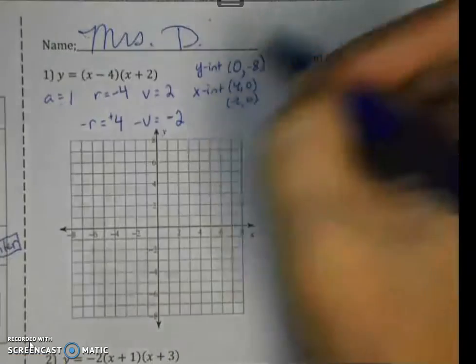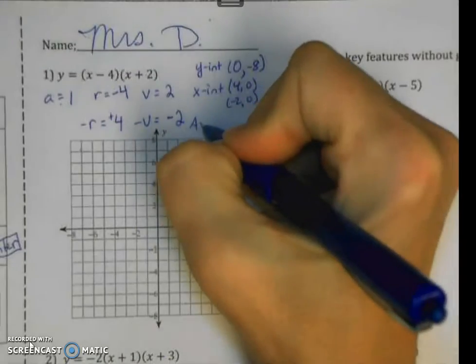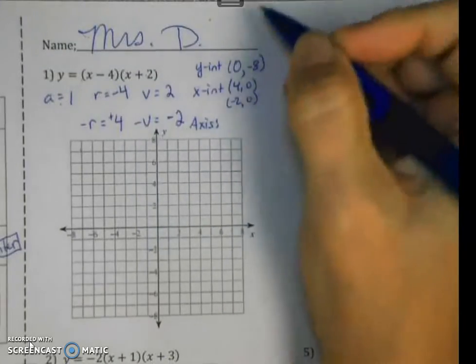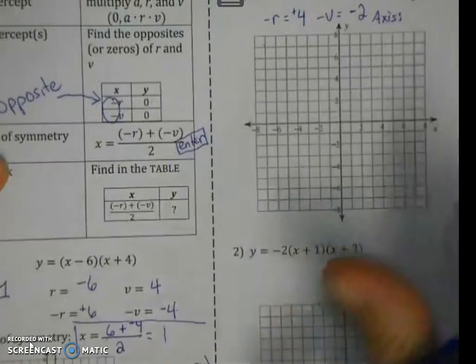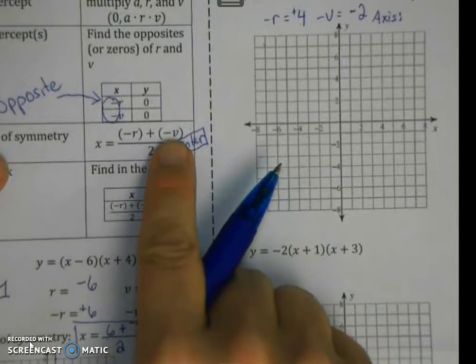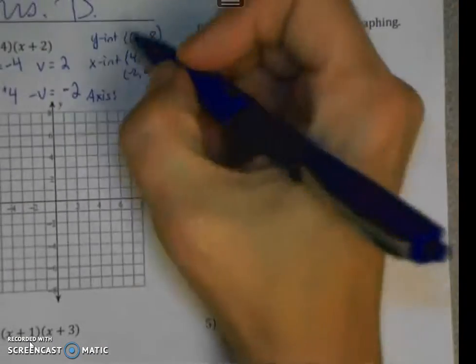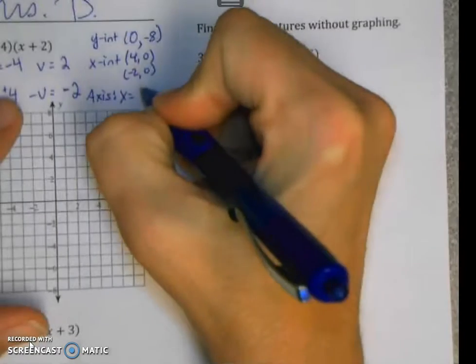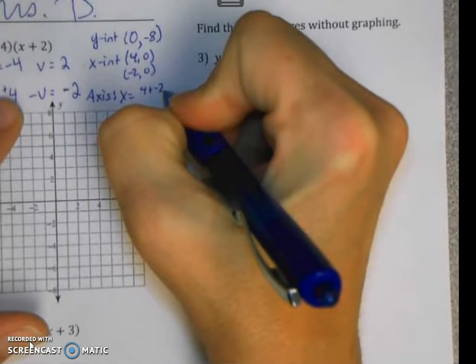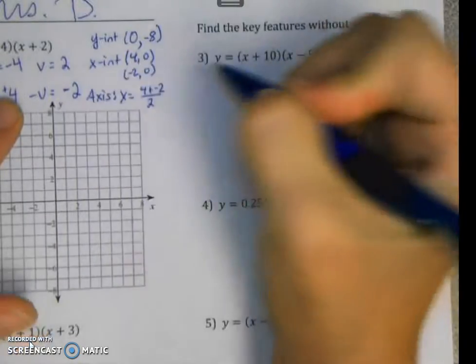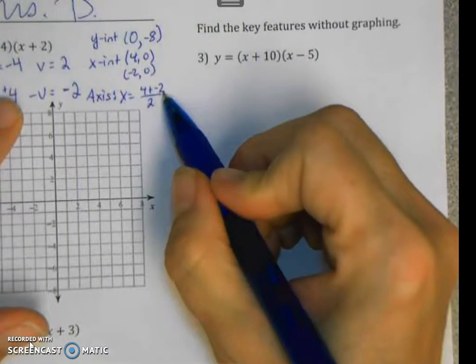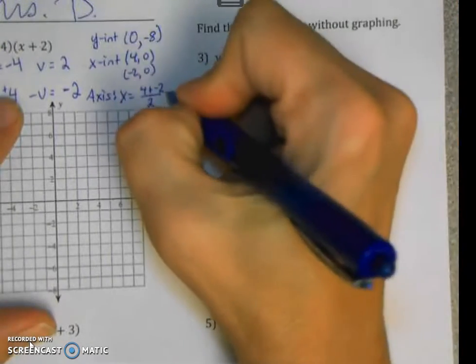My axis of symmetry I need to figure out. According to this, I need to take my opposite of R and add it to my opposite of V. Take that answer and divide by 2. So x equals 4 plus -2, divide by 2. 4 plus -2 is regular 2.